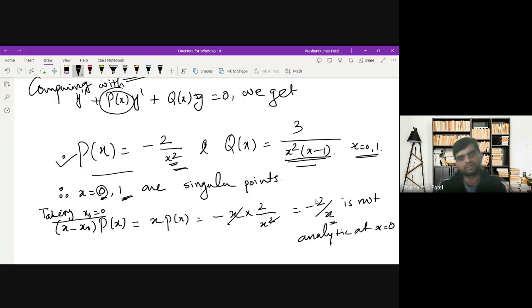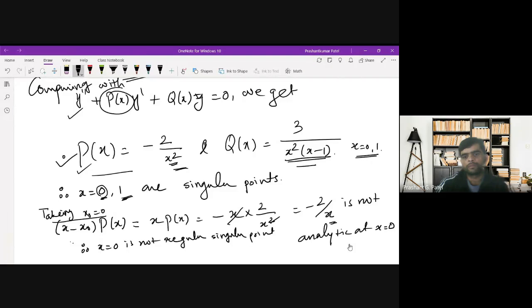So we can say that this function, this p of x, this differential equation does not have x is equal to 0 as a regular singular point, because this function is not analytic at that point. Therefore, x is equal to 0 is not a regular singular point.